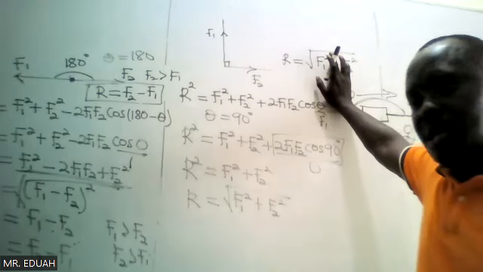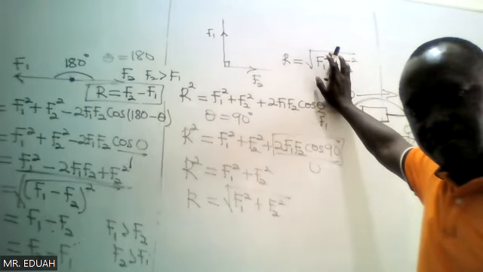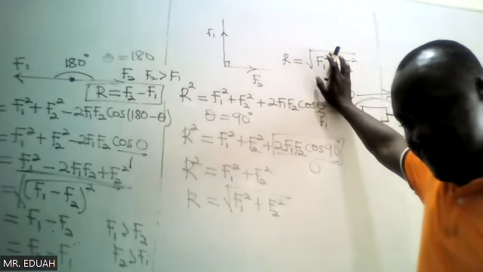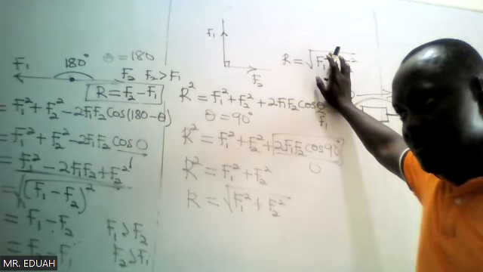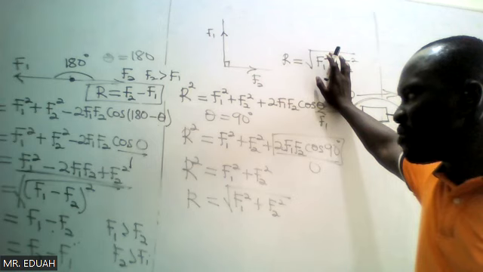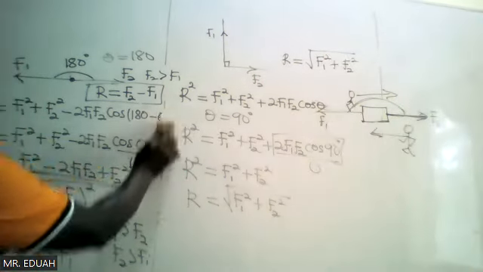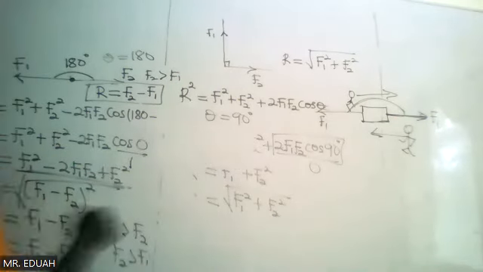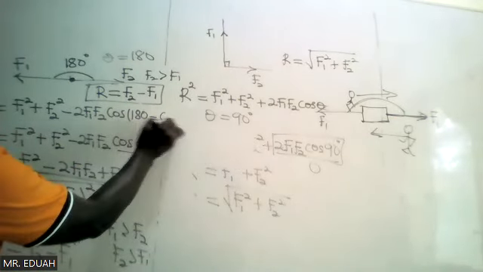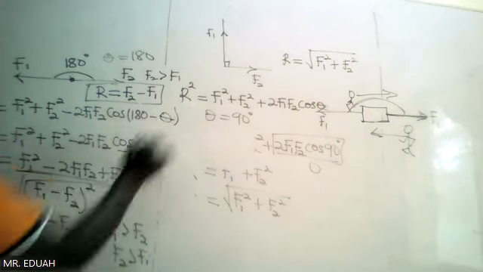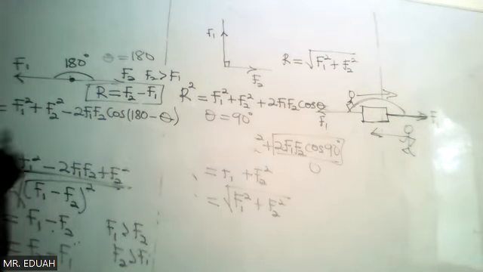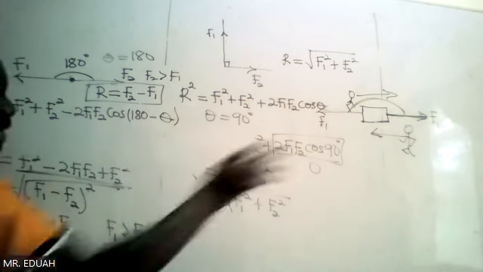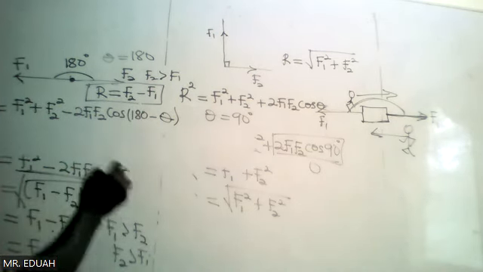Mr. Adia, please, for the ones whose angle makes 180, why is it that we didn't use theta to be 180, but we use 0? No, this is what we did. From the cosine rule, when you are subtracting, we have 180 minus theta. So if we substitute, when the forces are acting oppositely, theta is 180.